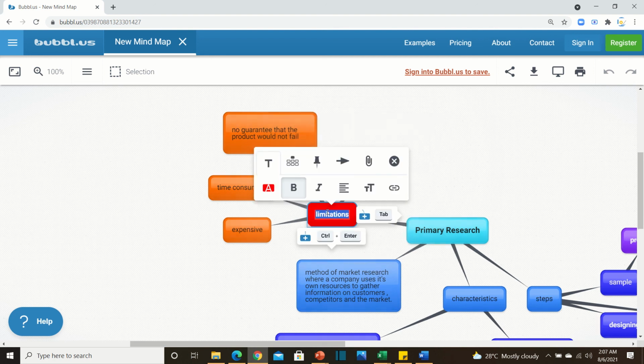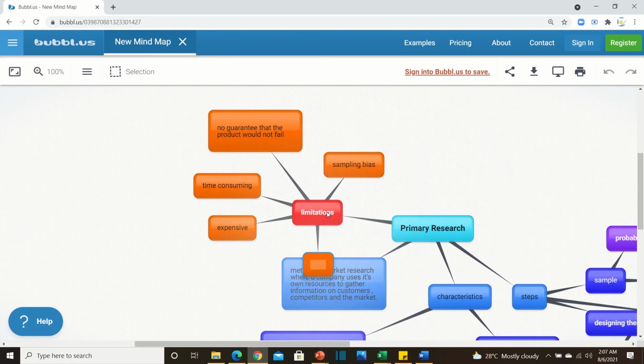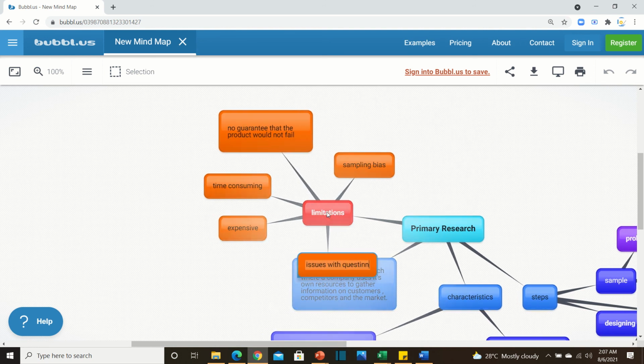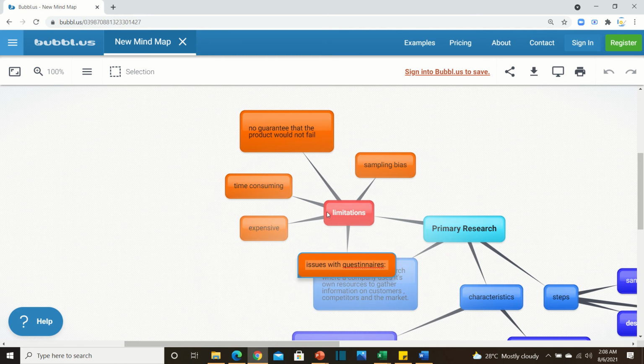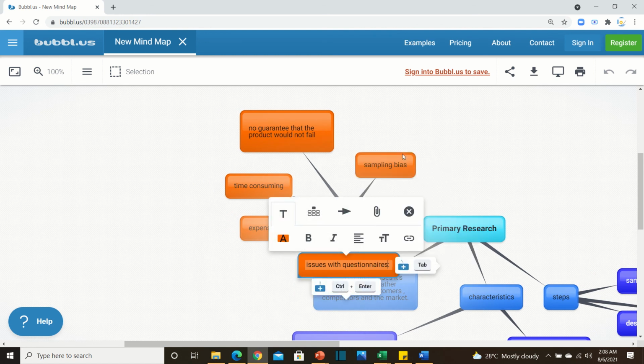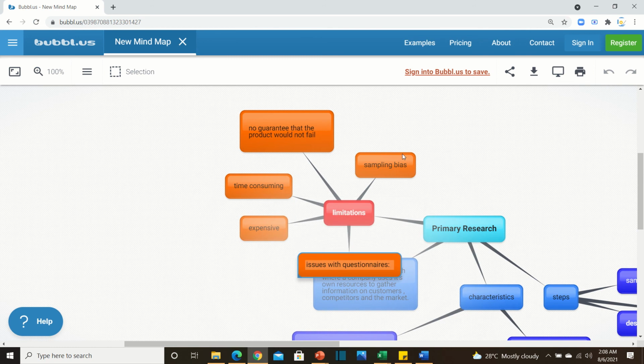The other thing is the issues with questionnaires. The issue with questionnaires is that there could be leading questions.